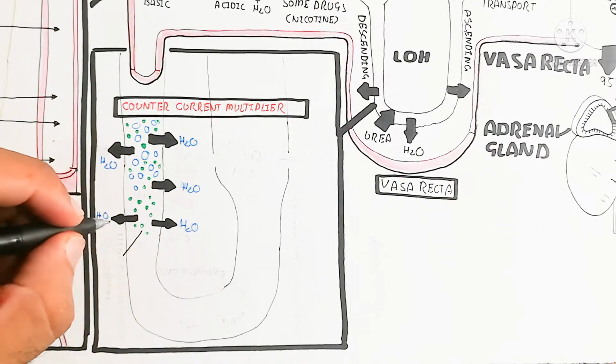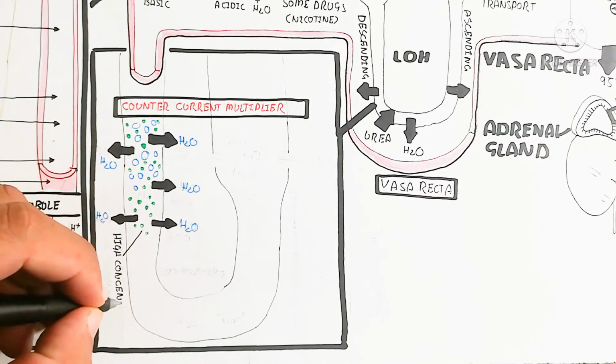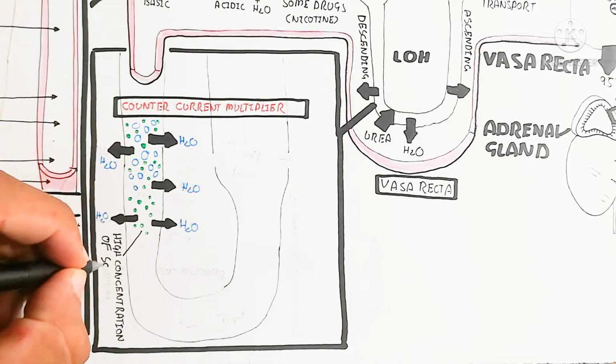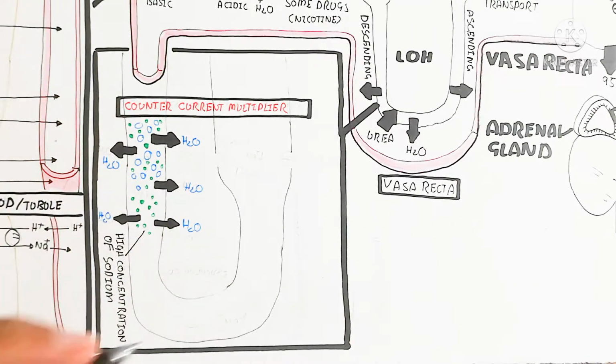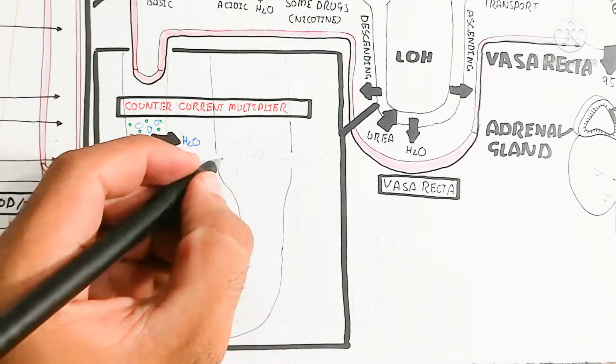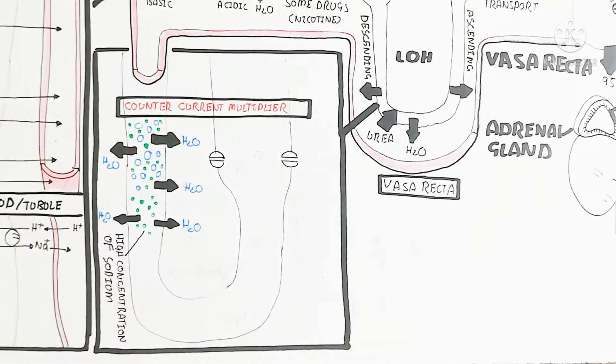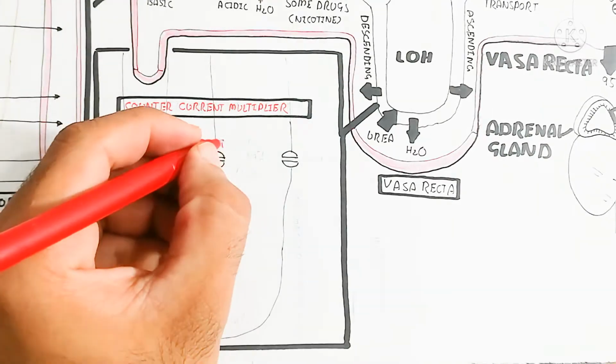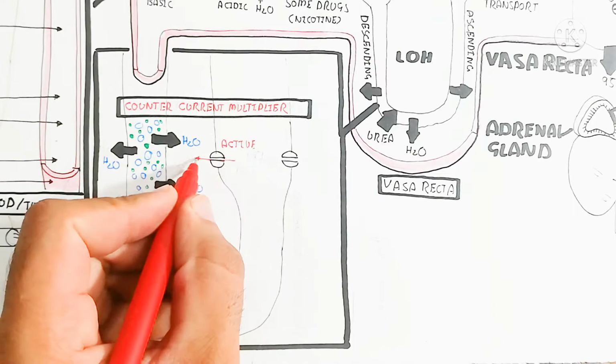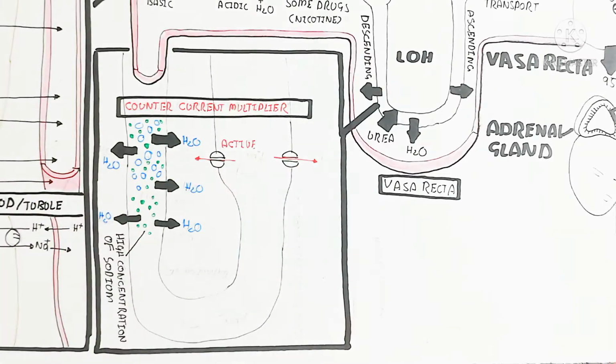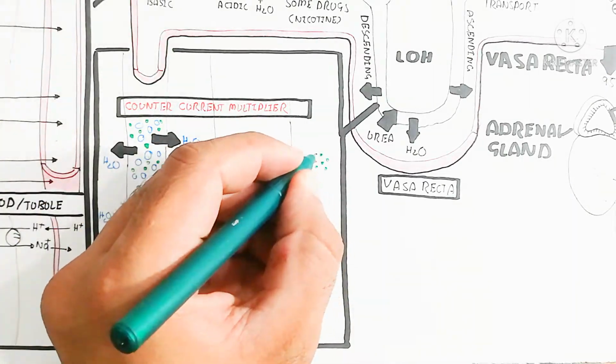Why? Because the amount of water reabsorbed into the ascending loop of Henle will be decreased, while sodium reabsorption increases through active facilitated diffusion. The active transport basically uses ATP.